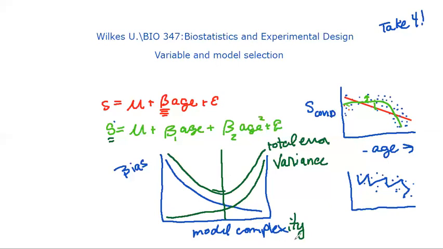When we talk about model complexity, over here are simple models. We'll call this mu only. These are also called intercept only models. All you do is fit the average response.